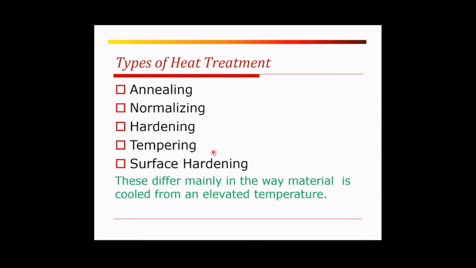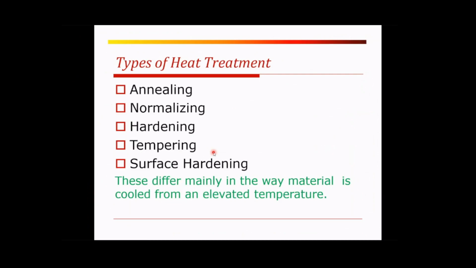Now we are entering the very important session, types of heat treatments. First one is annealing, second is normalizing, third is hardening, fourth is tempering, and next is surface hardening. In this webinar, we are going to see the first four methods, that is bulk heat treatment: annealing, normalizing, hardening, and tempering.